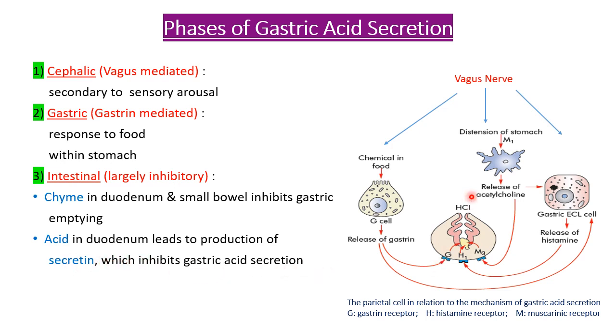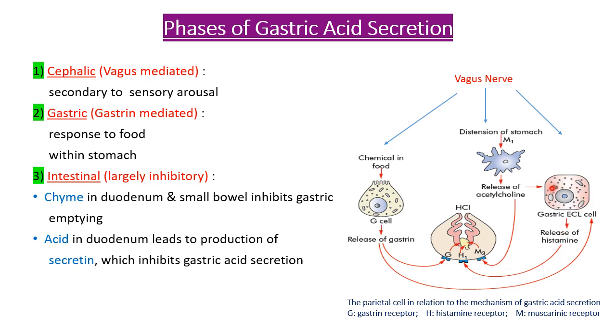The parietal cell has the G receptors for gastrin, the H receptors for histamine, and the M receptors for muscarinic stimulation. These are stimulated by acetylcholine, which is released by the vagus nerve endings due to distension of the stomach, and this will stimulate the M receptors.